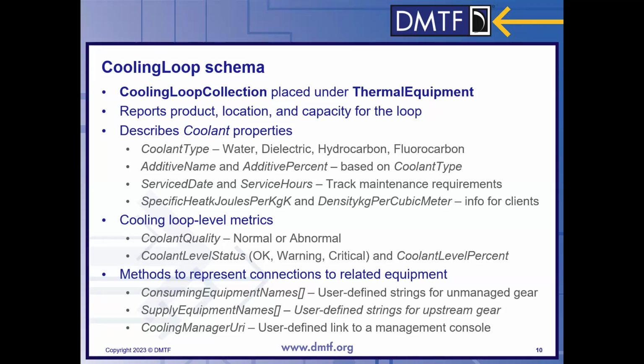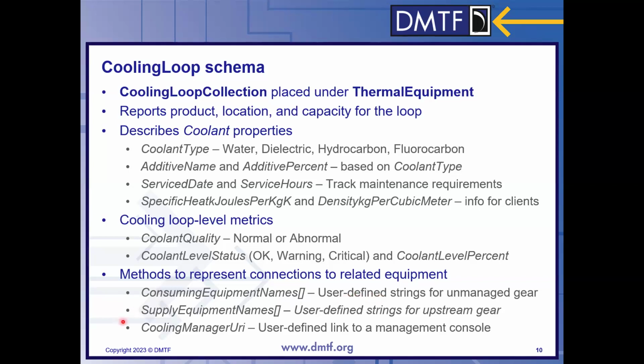And then as I said, several ways to represent the connections and name them. That could be just a list of names of equipment, if it's something that doesn't have a Redfish interface or is otherwise just not managed, and so on both the supply and the consumer side of those, upstream, downstream, lots of ways to describe the flow of the coolant through the system.